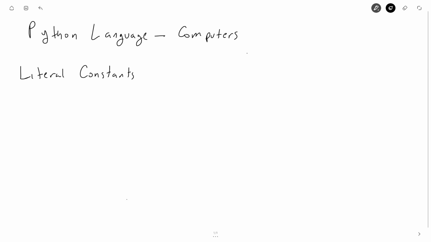So when we say literal constants, we have to split it up into two things, literal and constant. If you work with other computer languages, what constant means is that it stays the same. For example, if 1 is there, it stays there.